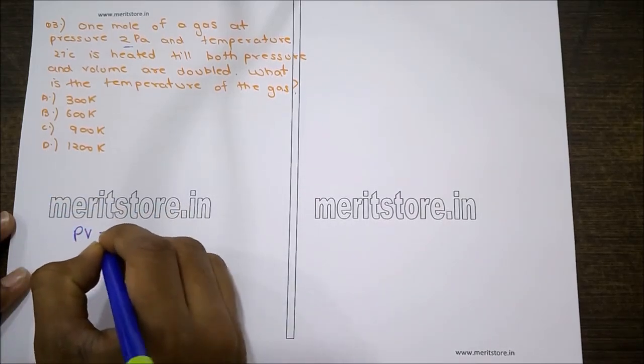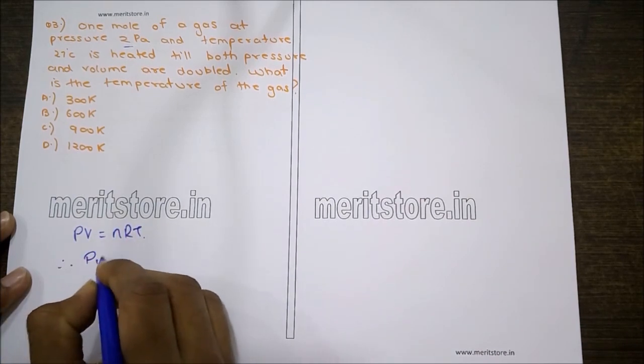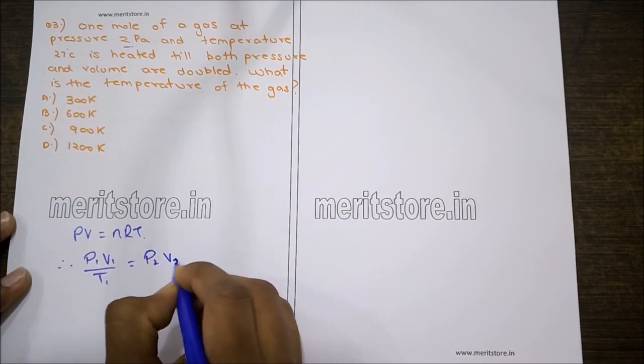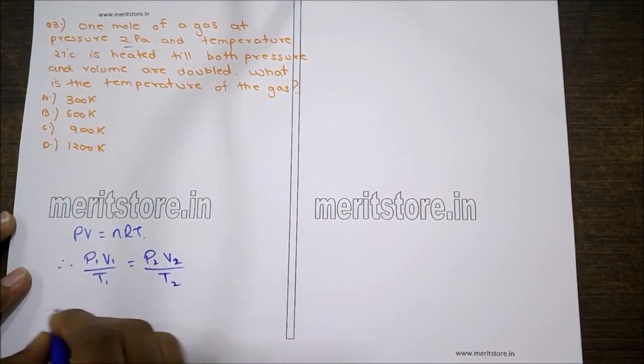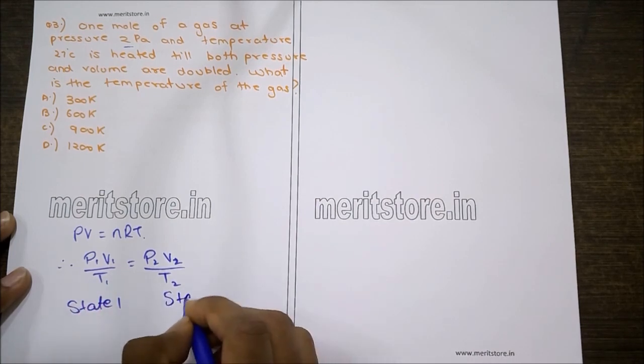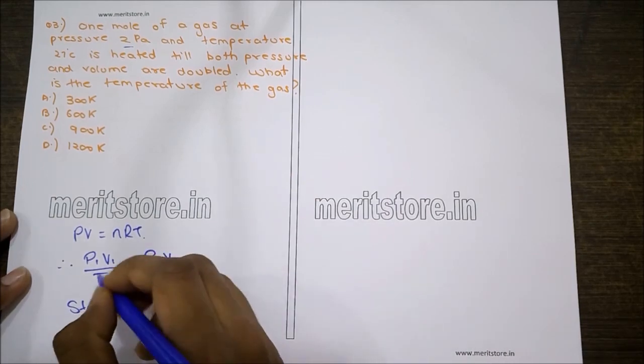So even if they haven't specified the gas as being ideal, we can use the ideal equation, and that is PV equals nRT. So therefore P1 V1 upon T1 equals P2 V2 upon T2. So this is for state 1 and this is for state 2, so before heating and after heating.